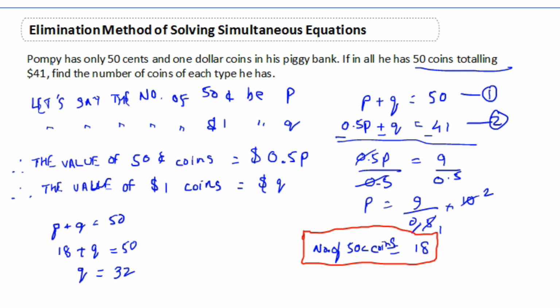Or in fact, let me write it as number of $1 coins is equal to 32, and that's our solution. So we'll highlight that also.